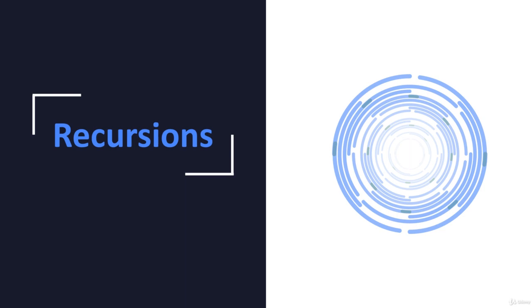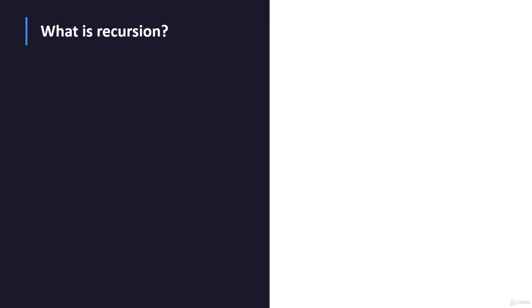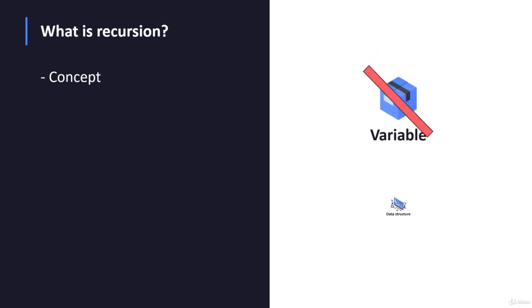Let's go. So first of all, what is a recursion? Okay, so what is a recursion? First, basically, a recursion is just a concept, okay? It is not some sort of a variable, and it's not some data structure. It simply is a concept.